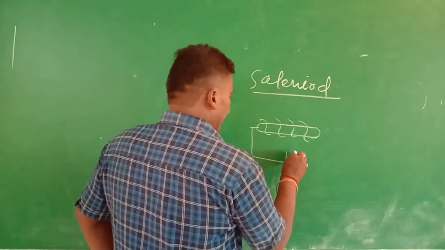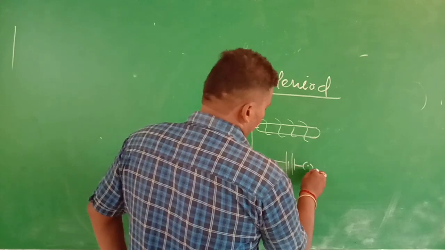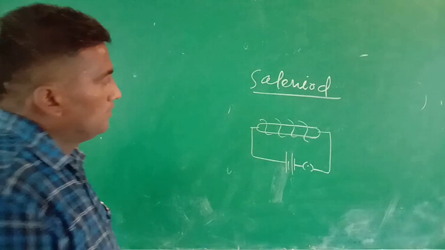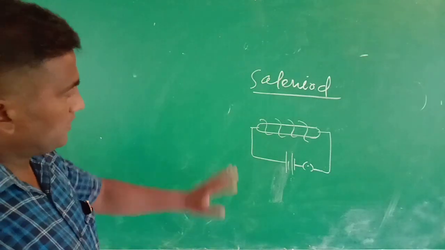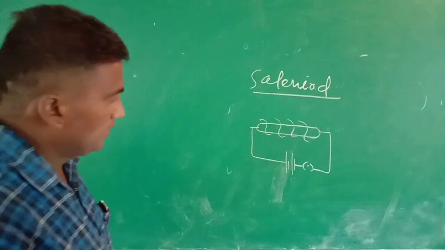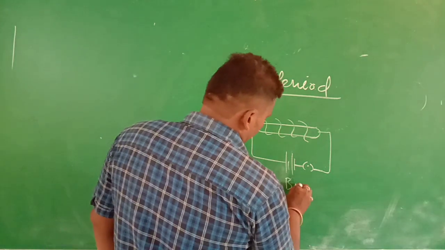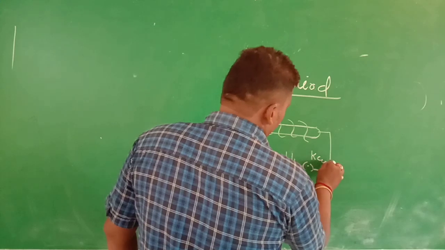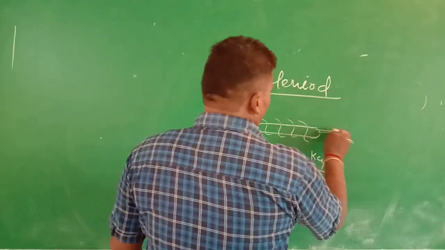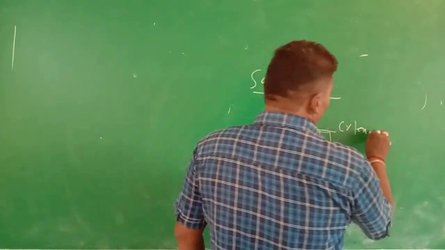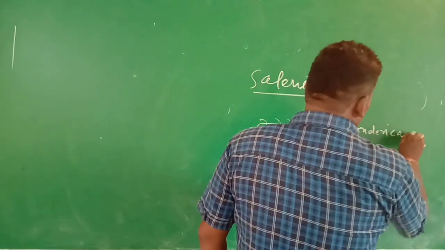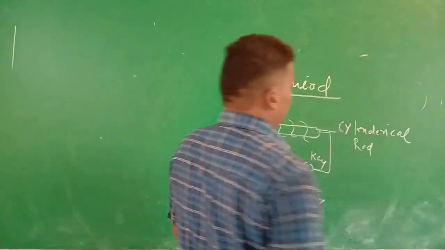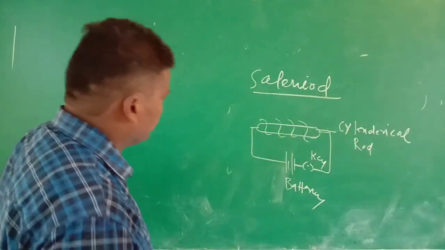When a cylindrical body is mounted with laminated wire, it shows a solenoid. It is generally represented with the help of a diagram with a battery E, a cylindrical rod, and the number of coils.